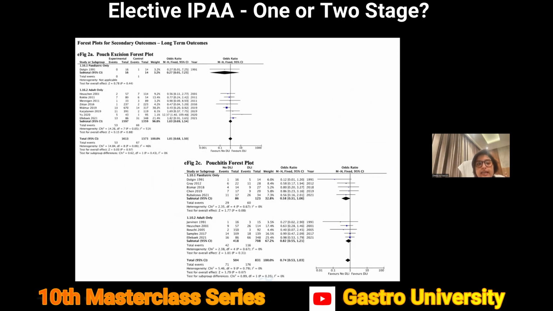But does that actually result in an increased incidence of pouchitis or pouch excision, which is the traditional teaching? And it said no. The incidence of pouchitis or pouch excision did not go up even if the patient developed pelvic sepsis because a diversion stoma was not created.